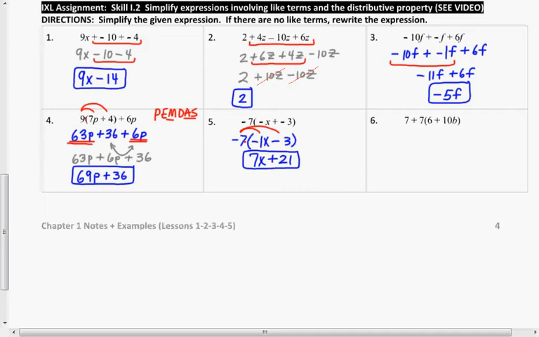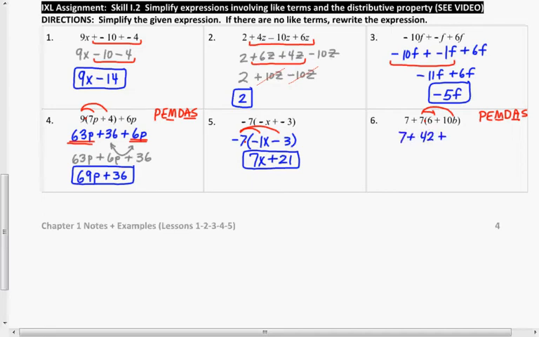All right, same deal on the next one. There is addition, but watch yourself, because we're not going to add that 7 plus 7 first, even though it's written first. Okay? We have to multiply before we can add. PEMDAS, we multiply before we add. So we're going to use our distributive property here. 7 times 6 is 42.